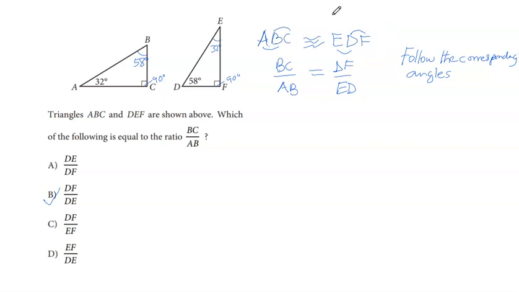So once you can do this, then you'll be fine. Follow the angles, and like we said, the corresponding angles have to be the same in both figures. The sides have to be just proportional, but that's how you get the ratio or the scale factor. All right.